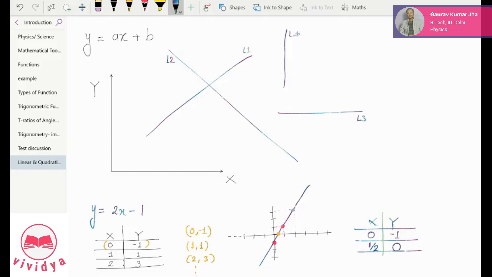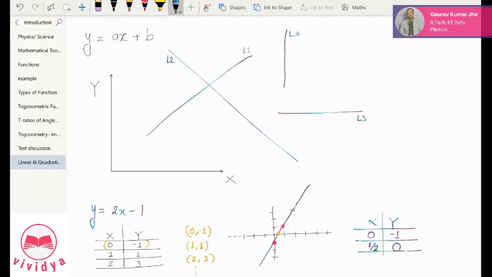What is the difference between these lines? L3 and L4 you might have identified, right? What does L3 represent? Think about y and x. X is changing, then what is happening to y in L3? As x is increasing, what is happening to y in L3?